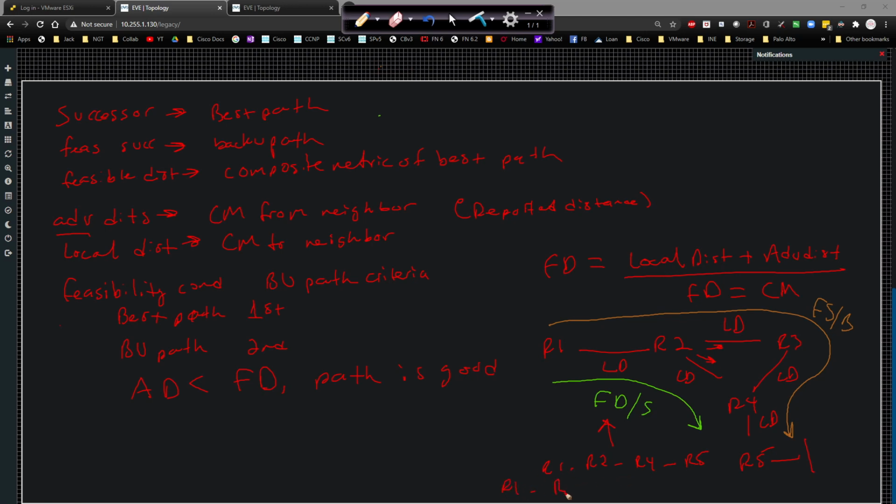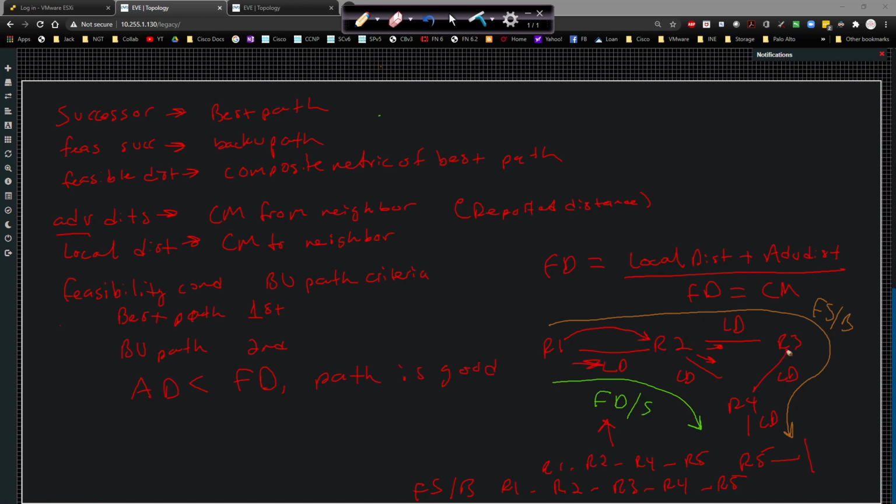R1 to R2 to R3 to R4 to R5 is going to be our feasible successor or our backup route. Now, remember that R1 is going to go to R2 and use the local distance to get there.